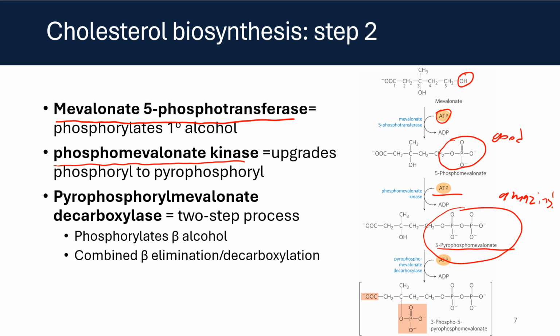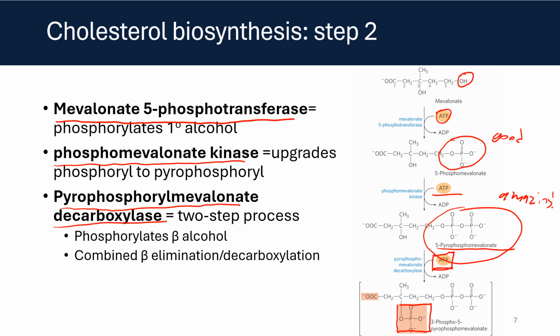The next enzyme is a little bit messy. The goal of pyrophosphorylmevalonate decarboxylase is twofold. The first step is going to basically involve another phosphorylation. We will take ATP and attach it now to the other alcohol in this mevalonate backbone over here, shown in red.